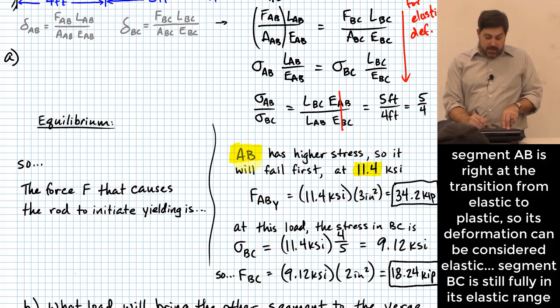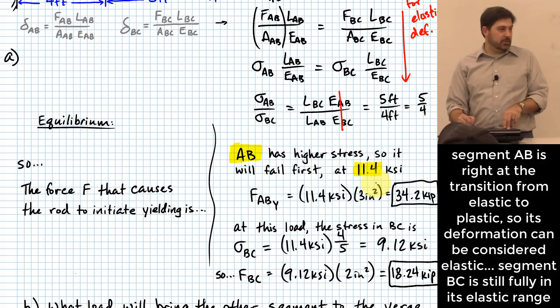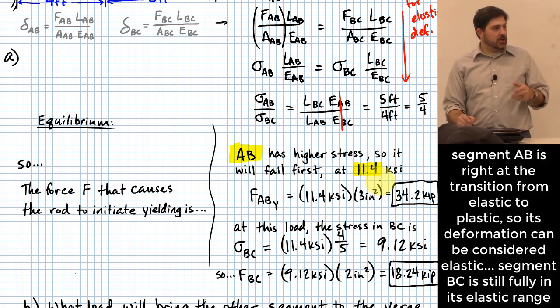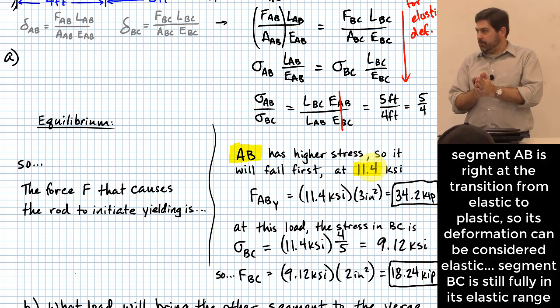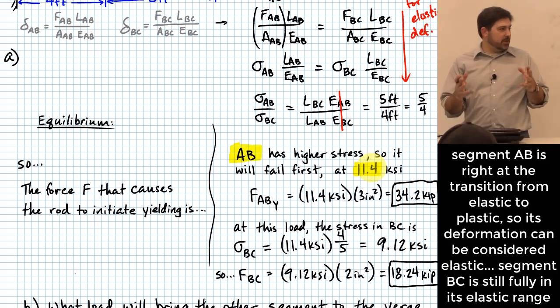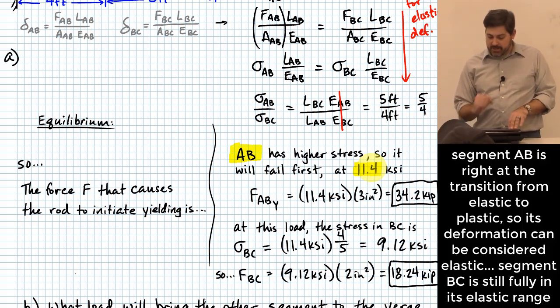But even AB can still be treated like it's in the elastic range as long as we don't go above this value. If we're at the value, then we can still treat it like it's elastic. Not that you can go above the value, but if you continue to cause deformation while it's holding this stress value, that's when we have another situation where the piece is going plastic. In this case, it's not going plastic.